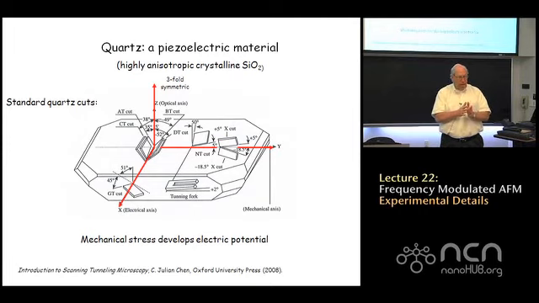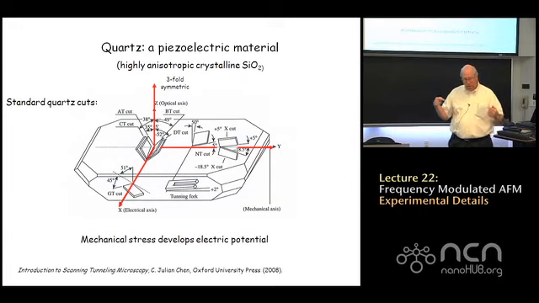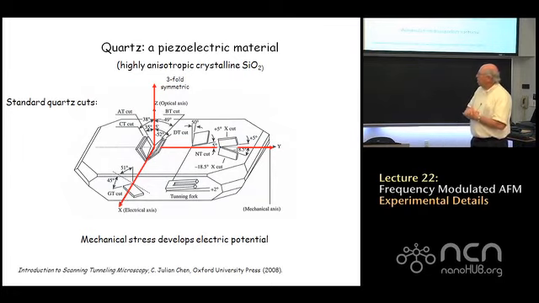And depending on the orientation of the quartz crystal, you can get longitudinal or shear stresses that develop when you apply a voltage across the electrical axis, or conversely, if you apply a force along the mechanical axis, you can get voltages along the X axis.